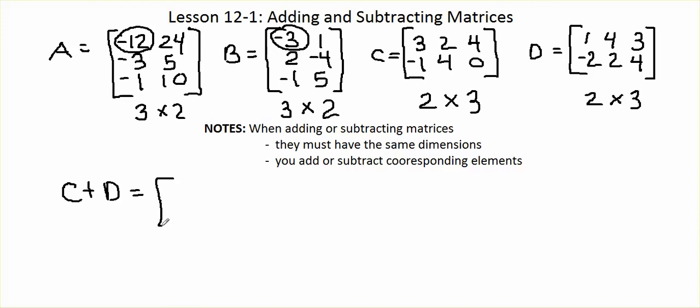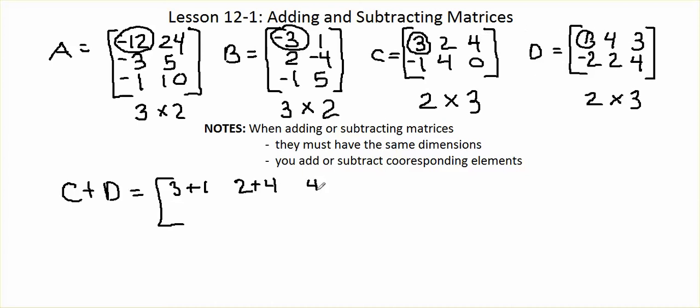How do you add C plus D? You add your corresponding elements. So the first numbers that we're going to add are going to be 3 and 1. And you write 3 plus 1. The next elements that you add are going to be 2 from matrix C and 4 from matrix D. The next one's going to be 4 and 3.